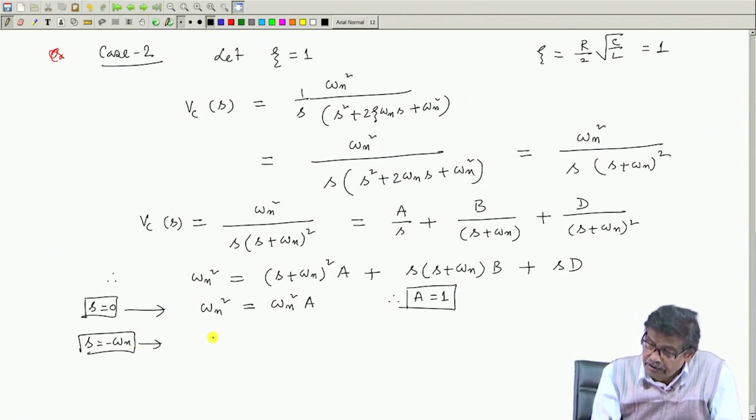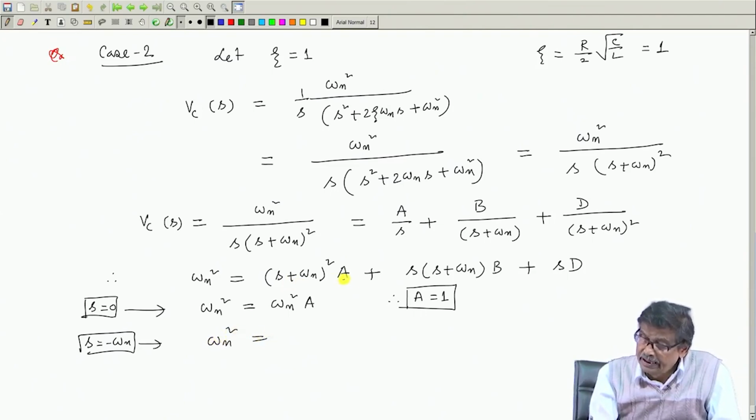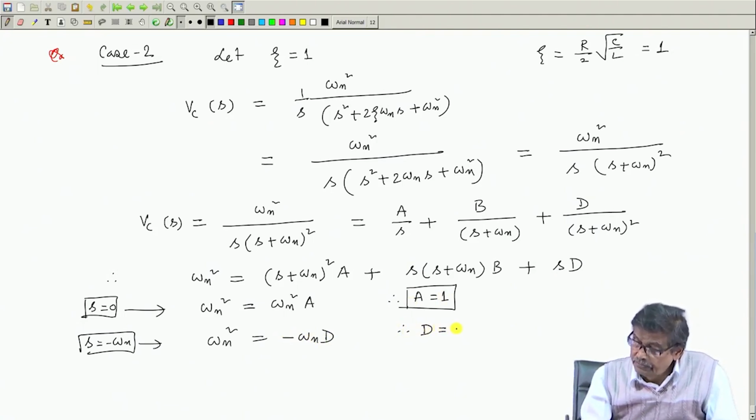If you put s equal to minus omega n, left hand side remains omega n square. Here A goes, A is already known, anyway it goes, B goes, and you are left with minus omega n into D. Therefore, D is equal to minus omega n.